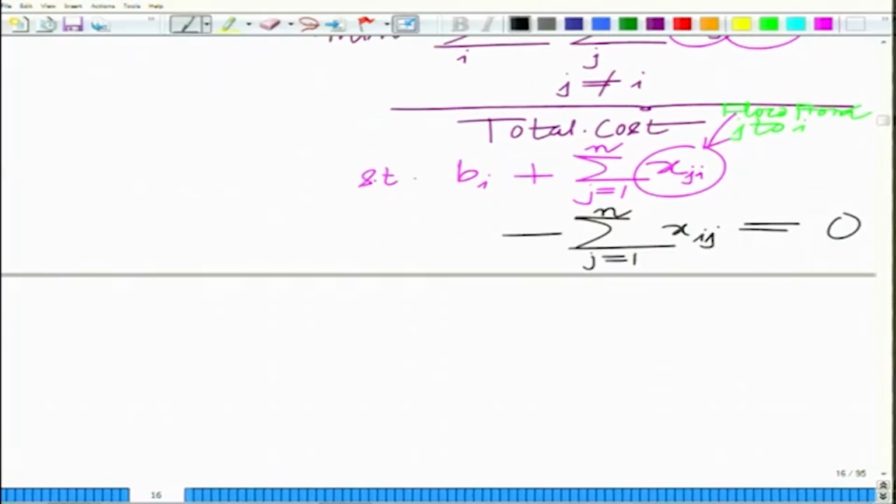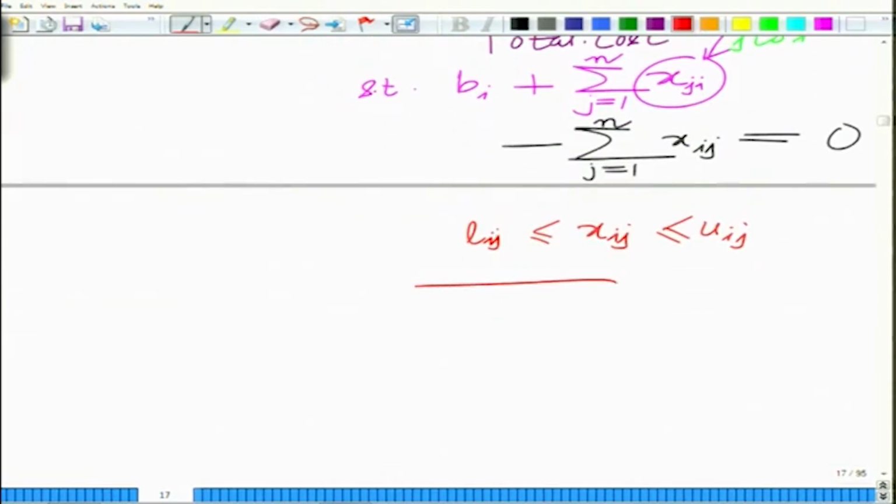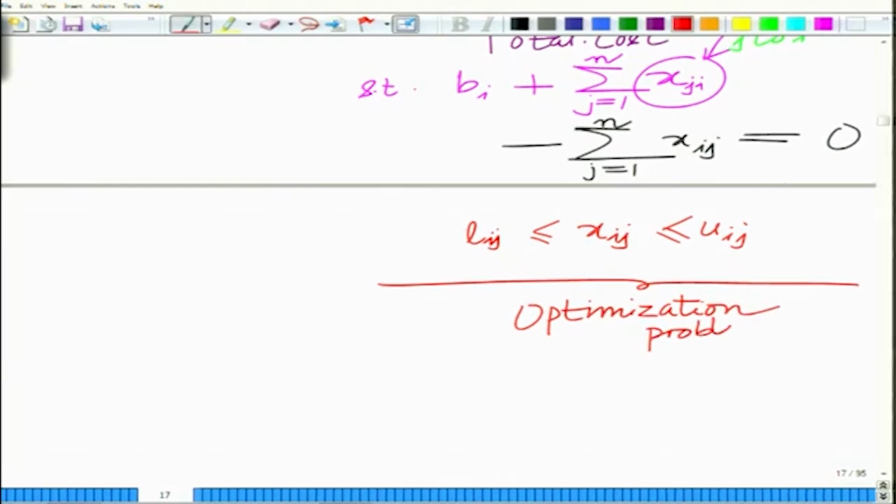And we have the bounds that we have already seen, Lij less than or equal to Xij less than or equal to Uij. That is your constraint, and of course this is your optimization problem.